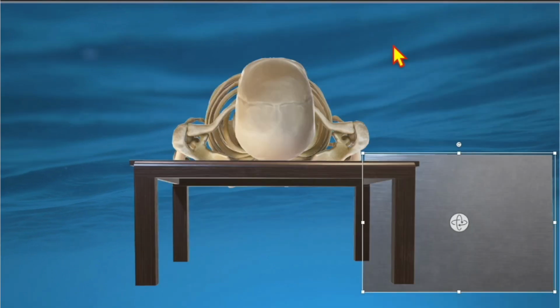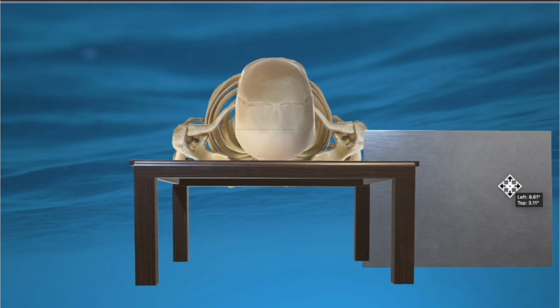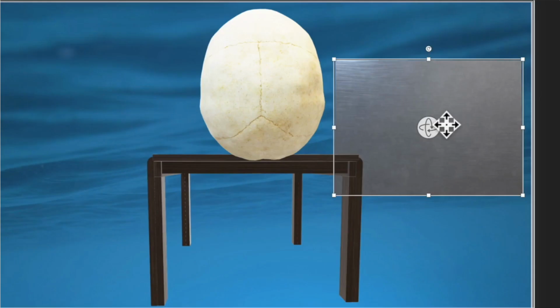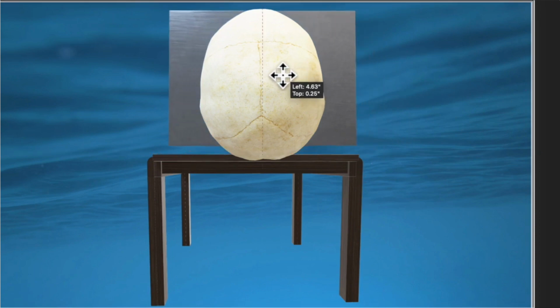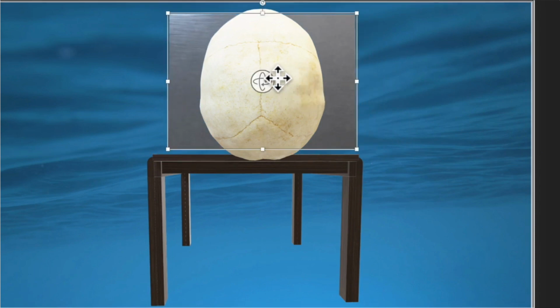Now let's look at a transverse or horizontal plane. We're going to put that right through the patient's cranium, dividing the cranium into an upper half and a lower half.